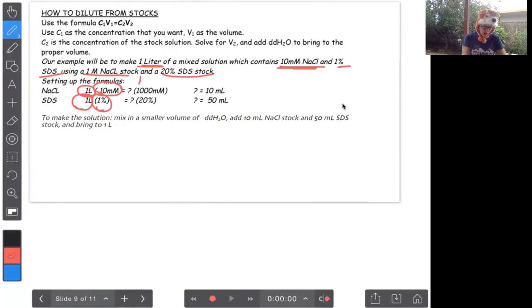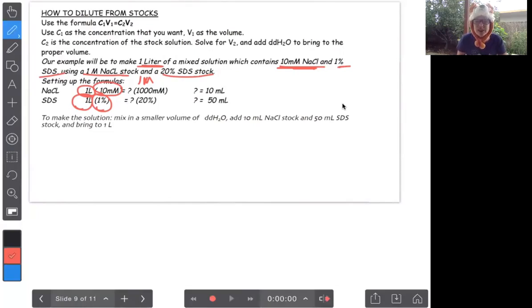So that's really 1 molar, right? Isn't 1 molar the same as 1,000 millimolar? Milli to molar, and then kilomolar, right? No? Nanomolar? Micromolar? Okay. 1,000 millimolar is 1 molar.